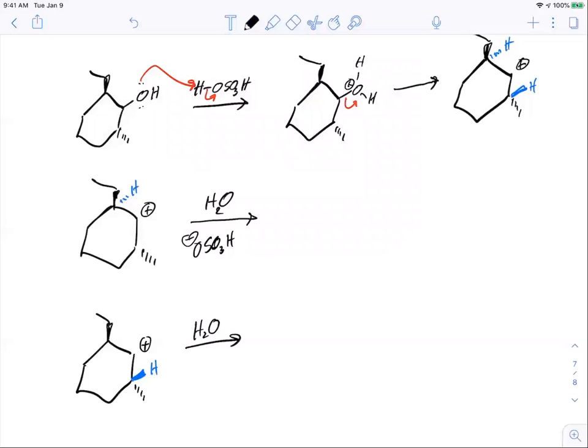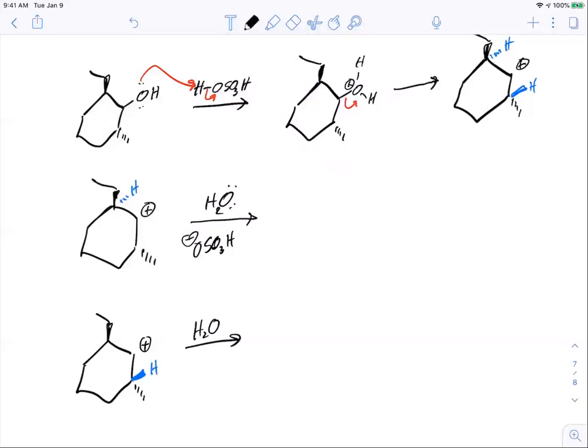Now, some books and some students and some answers will try and do the deprotonation here with the sulfonate. Notice that we're using sulfuric acid, not something like HCl. The sulfonate is not nucleophilic, right? It's very stable by itself. But if we think about what's the most likely base in this reaction, it actually turns out the water is more basic than the sulfonate, right?